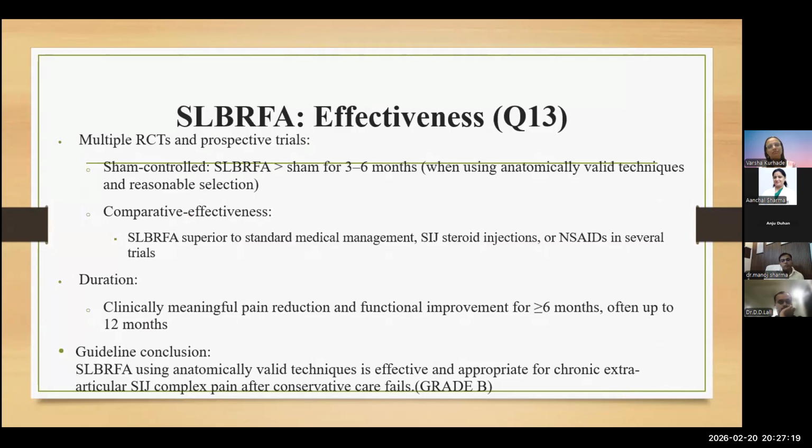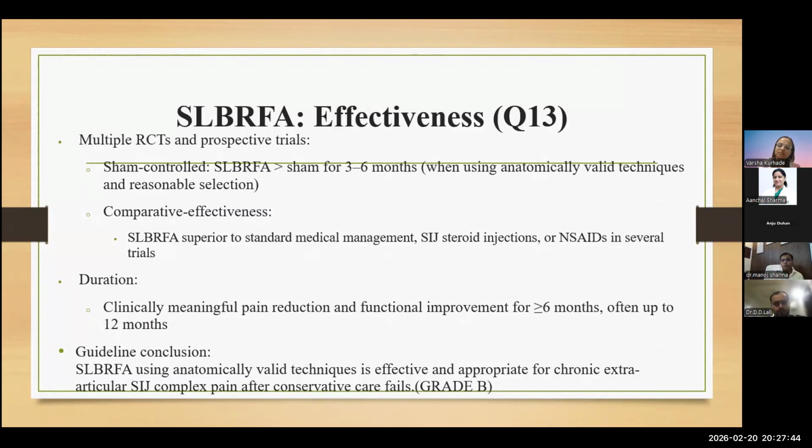Question number 13 was: how effective is sacral lateral branch radiofrequency ablation? Multiple randomized control trials were done, and it was found that pain relief with sacral lateral branch radiofrequency ablation was comparatively more, up to 3 to 6 months, compared to the control group.